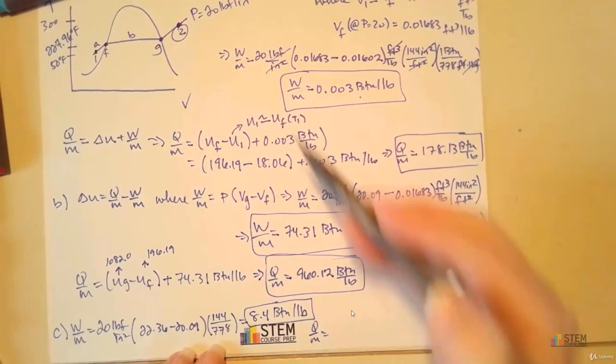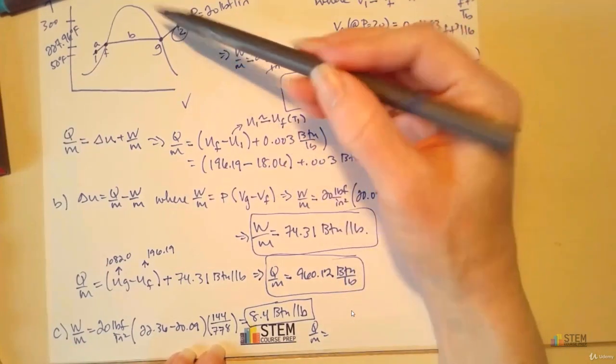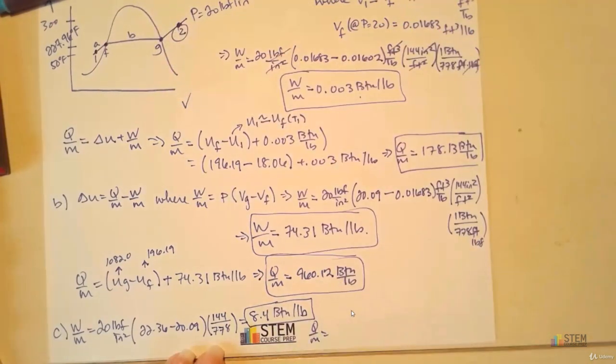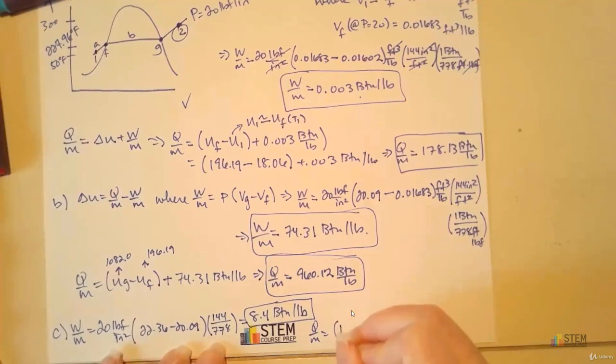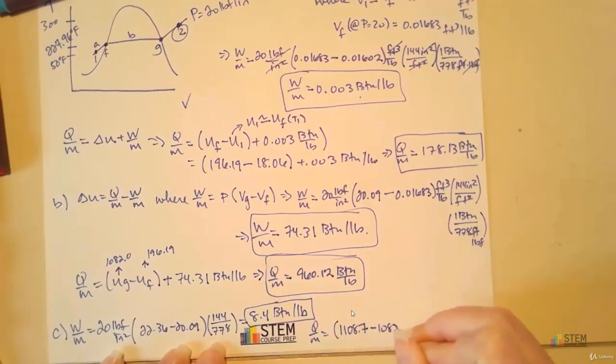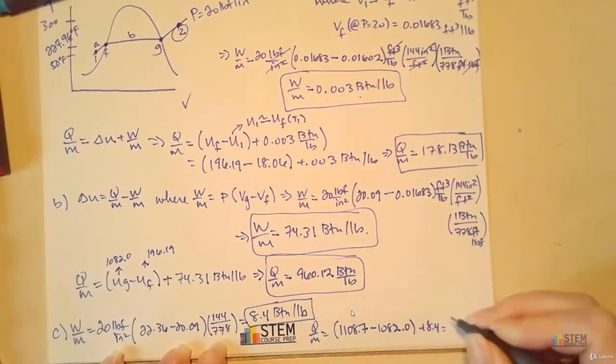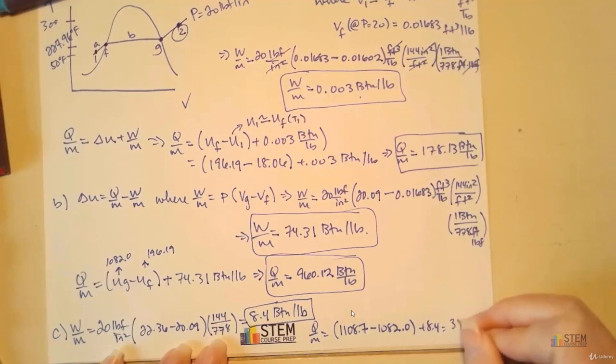So just go to the superheated table and look up that temperature and find your specific internal energy value. And then with that, you'd have 1108.7 minus 1082.0 plus 8.4. So that's going to give you a Q over M of 35.1 BTU per pound.